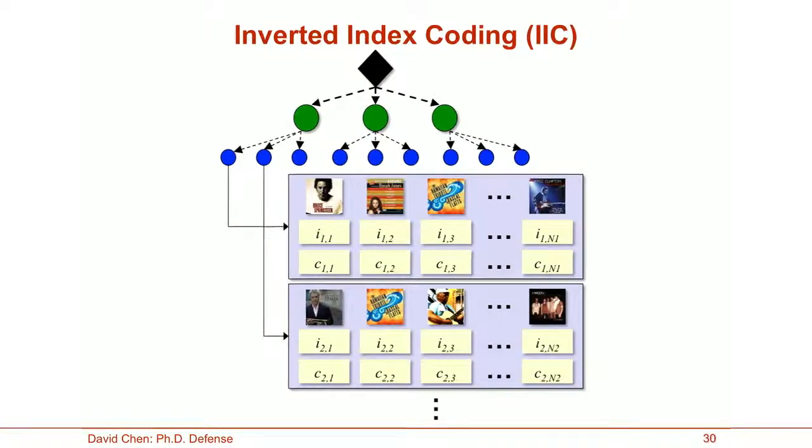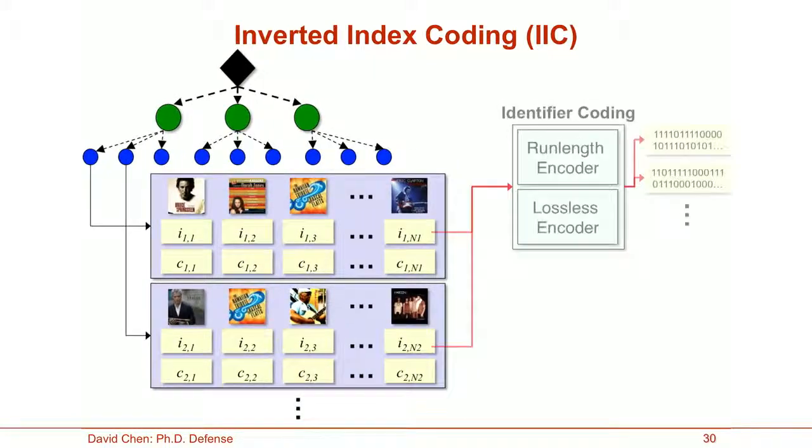To substantially reduce this memory usage, we develop a method called inverted index coding. In the first step, we'll encode the image identifiers by run-length encoding a sorted sequence of identifiers, and then losslessly encoding these run lengths.